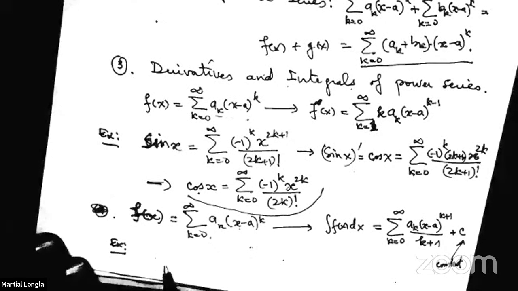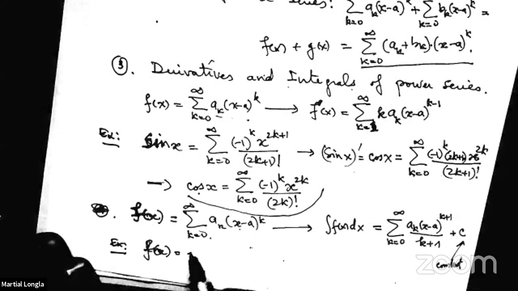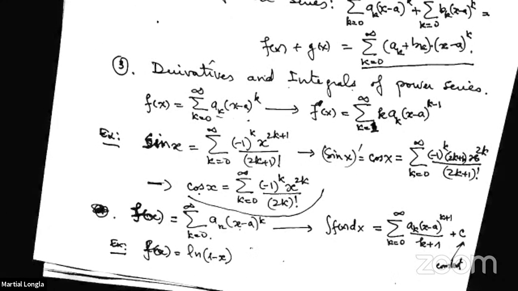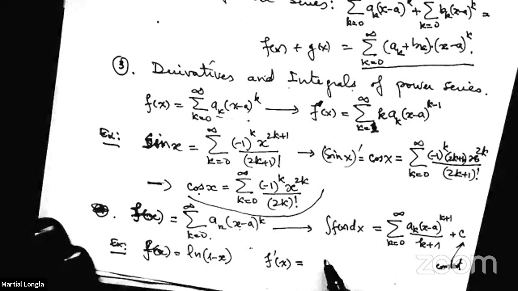Let's say here we have f of x equals natural log of 1 minus x, for example. I don't know how to handle this function, right? Then I'm going to say, okay, what's the derivative of this function? F prime of x is, the derivative is -1 over 1 minus x, right?